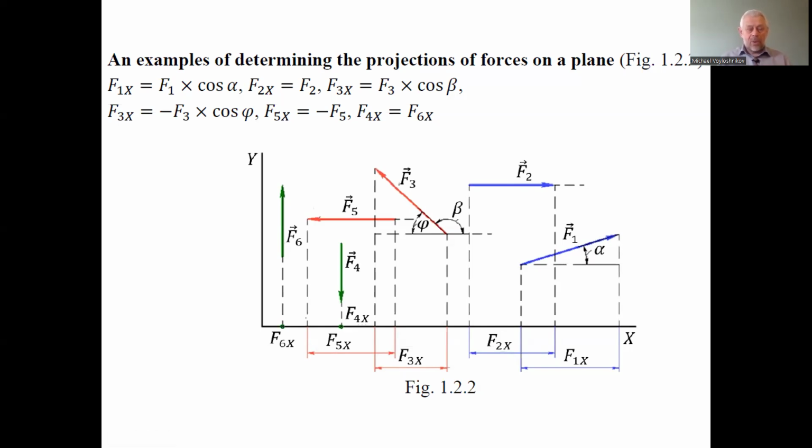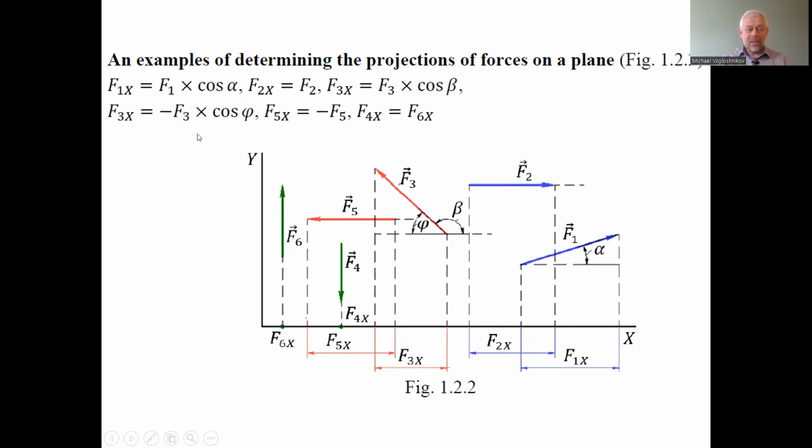Now the projection of the force F3 on the abscissa axis. The projection is the product of the magnitude of force F3 by the cosine of the beta angle, an open angle, as we can see here.